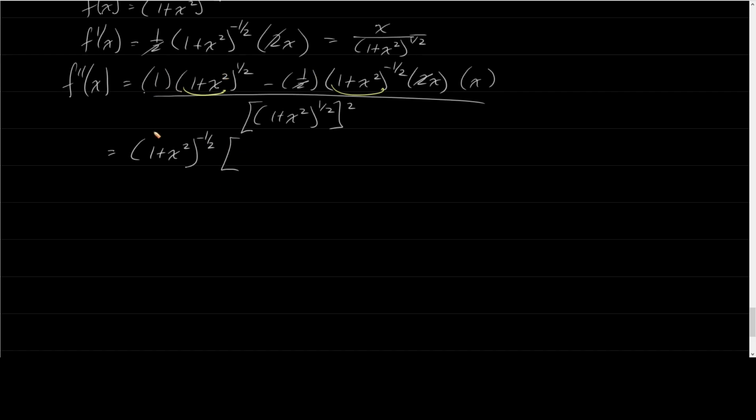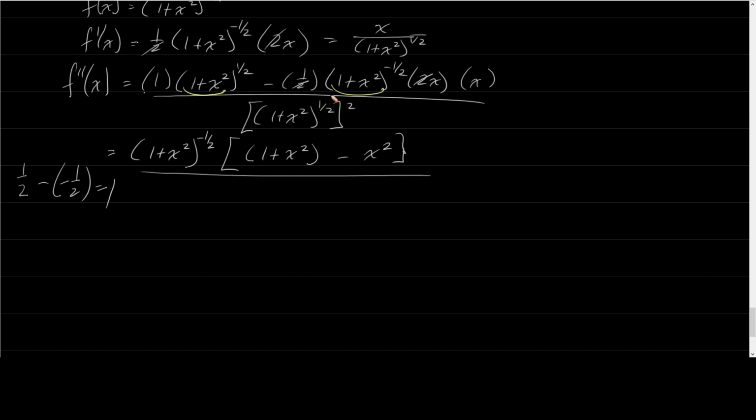Well, this 1 goes away. I started with 1/2, but I took out a negative 1/2, so I'm left with 1. So I have here (1 plus x squared) to the 1 minus, this is gone, this (1 plus x squared) to the negative 1/2. That's what I took out, and I'm still left with an x squared. And all of this over, well, ((1 plus x squared) to the 1/2) squared is just 1 plus x squared.